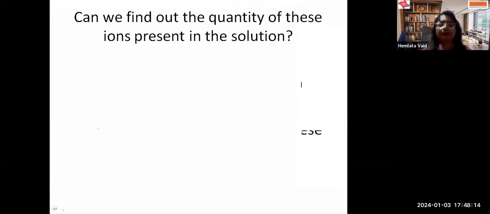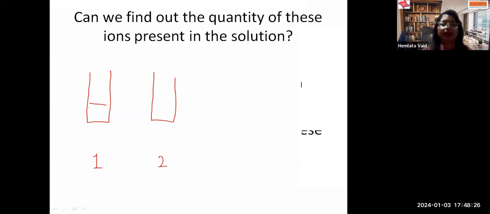So strong and weak acid you have understood. Now, suppose you have 2 test tubes. This is test tube number 1 and this is test tube number 2, right? It contains substance A and this one contains substance B. And somebody comes and tells you that both substance A and B are acidic in nature, right?